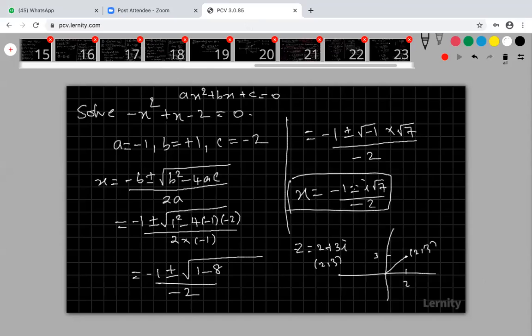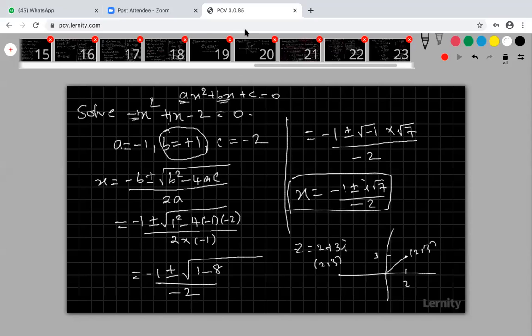Preeti, what happened? Yeah, correct. So look at that, Preeti. Here ax square is there, here minus 1 is there, so therefore my a is minus 1. Here bx is there, here 1x, so therefore my b is plus 1. What is your doubt?